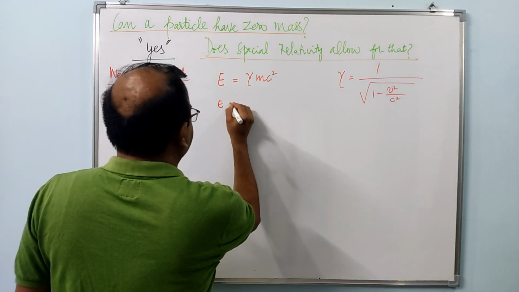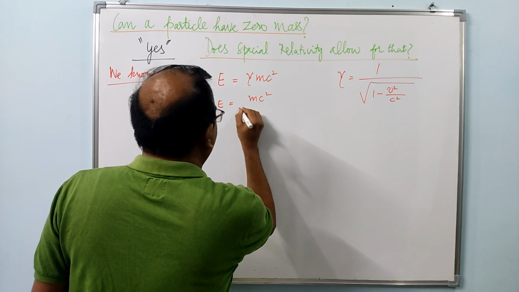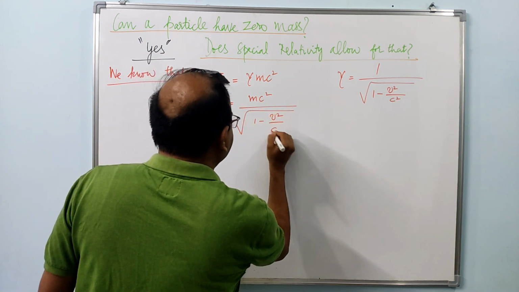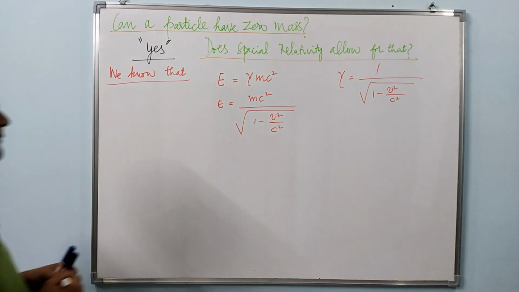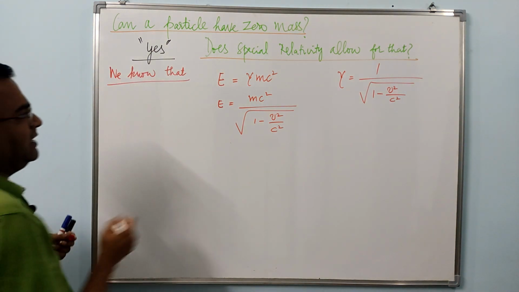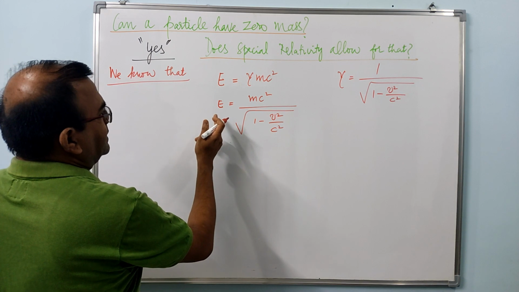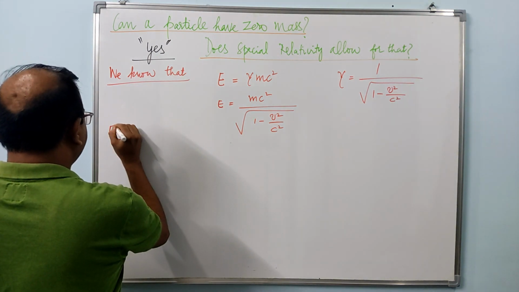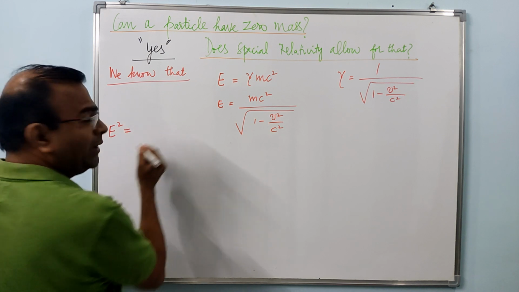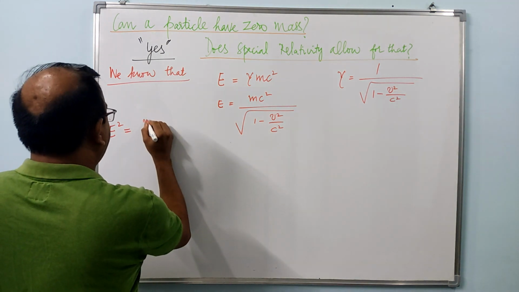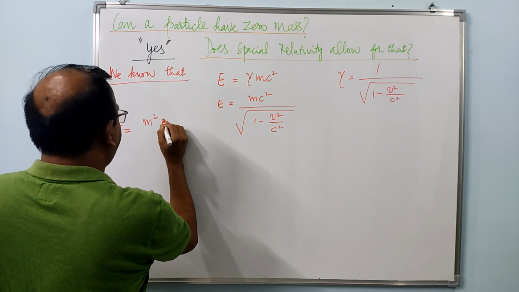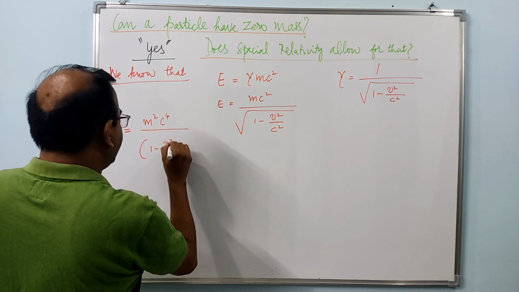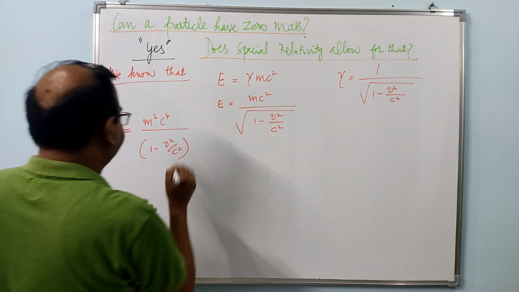Therefore, I write E is equal to mc squared over square root of 1 minus v squared over c squared. So this is the expression for total energy in special relativity. So I take square on both sides. So I get E squared on the left side, m squared c to the power 4 over 1 minus v squared over c squared.